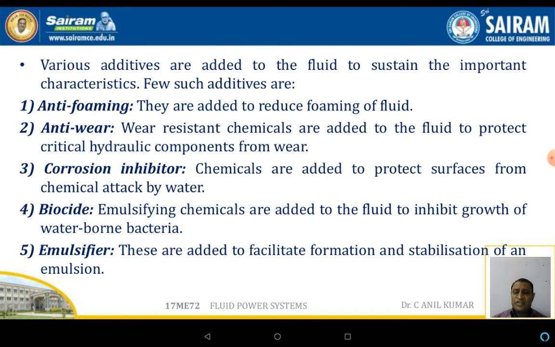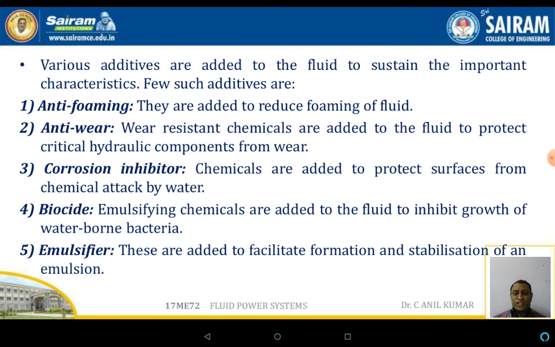The corrosion inhibitors are chemicals added to protect the surface from chemical attack by water. As we know, water is one of the contaminants which comes in contact either through the atmosphere or through the disintegration of the oil, and there may be a chance of formation of vapors.